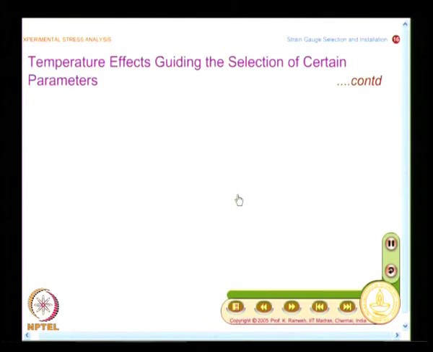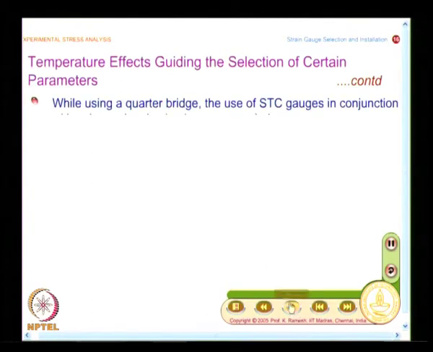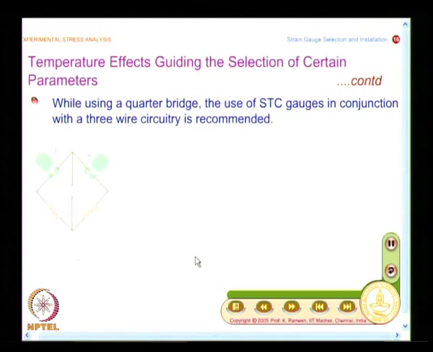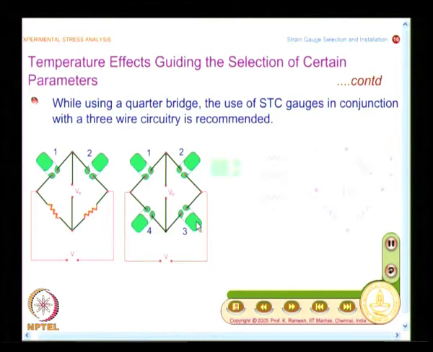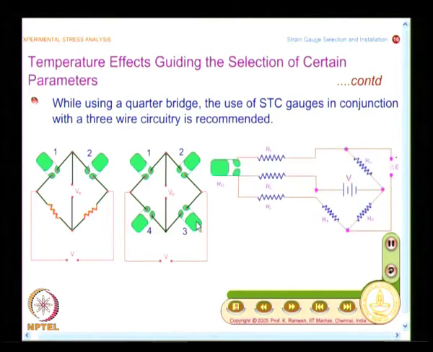But we have seen that in many applications where you are interested in strain measurement, you may end up using only a quarter bridge. So, what do I do when I have a quarter bridge arrangement? We have seen how to minimize the error when you use a quarter bridge: instead of a 2 wire circuitry, go for a 3 wire circuitry.